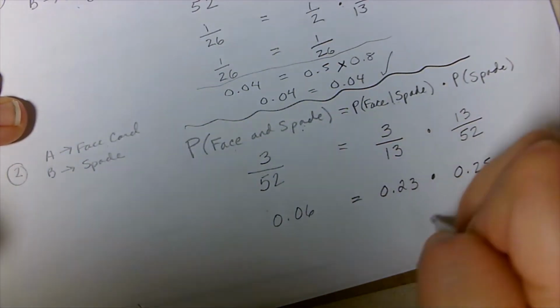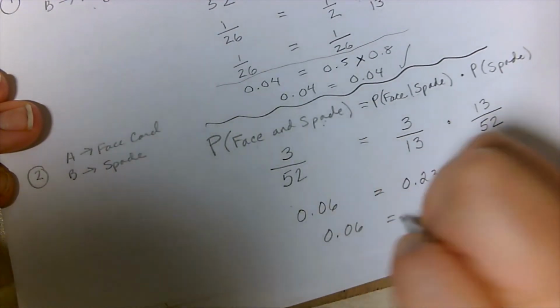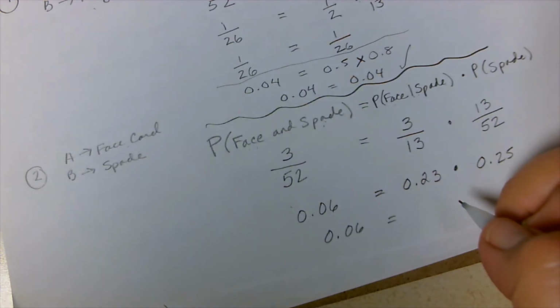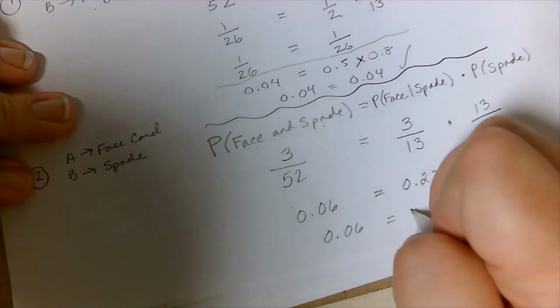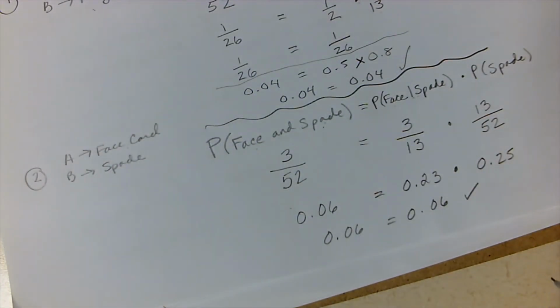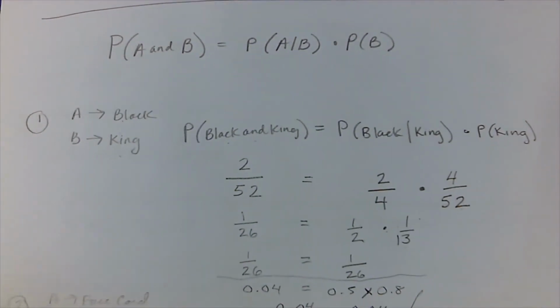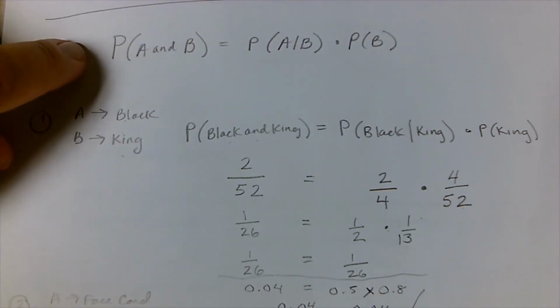So when I do 0.23 times 0.25 on my calculator, I get 0.0575, which is 0.06. So this one, in fact, works out as well. Okay, so this formula that he came up with actually works.